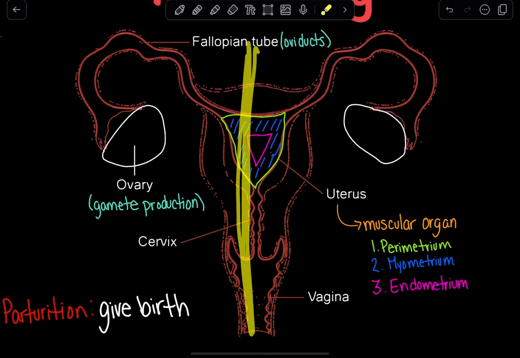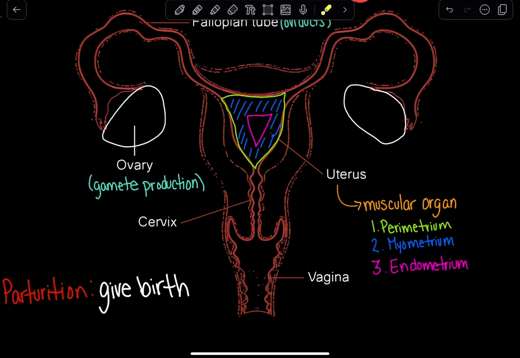Now we need that myometrium, that muscular layer of the uterus, because it's going to allow the stretching of the uterus as the fetus grows. And then we have the endometrium, which is the innermost layer, and it is at the endometrium where we will see implantation occur of the blastula.